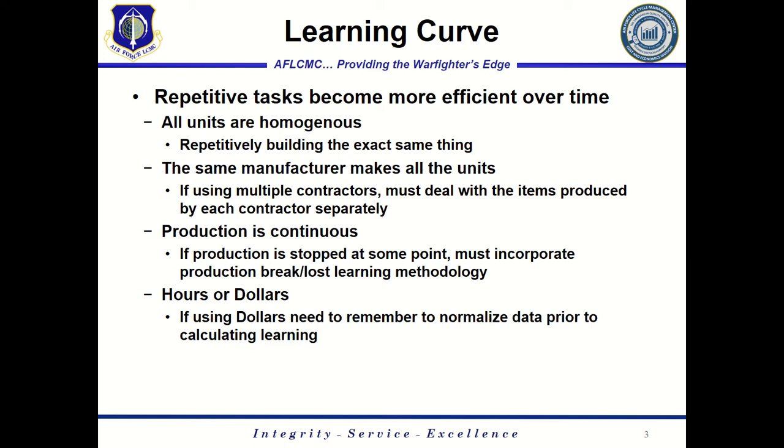It's just not typical learning. You're going to have to do something above and beyond just normal learning in order to account for that production break. And again, production learning curves can be calculated in hours or dollars. Hours are easy enough to dollarize once you have the hours, so we can do the calculations work in both.